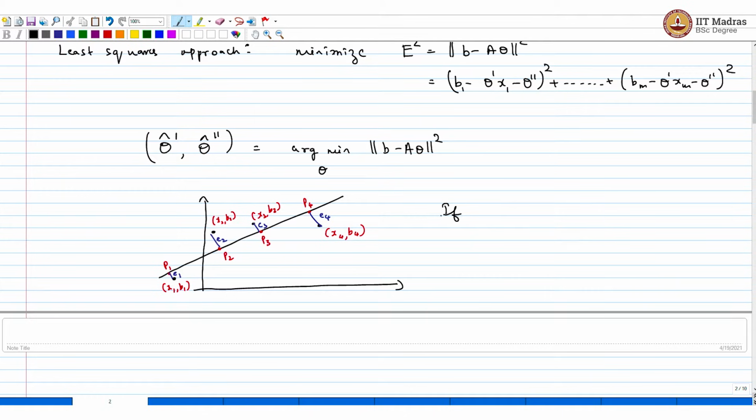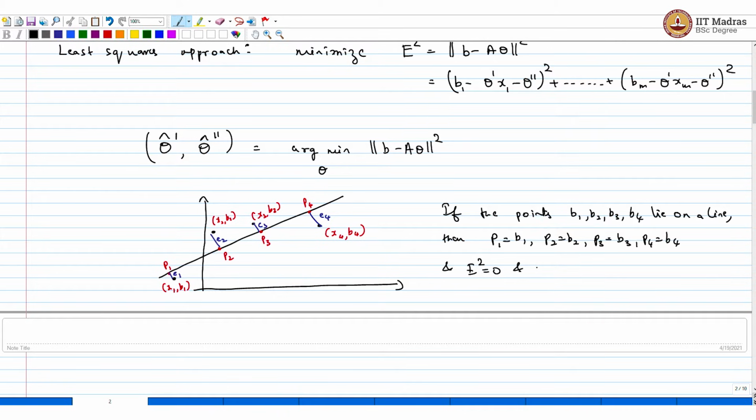If the points b1, b2, b3, b4 already lie on a line, then the projections would be the same as the original points, and the squared error would be 0 and A theta equals b can be solved.